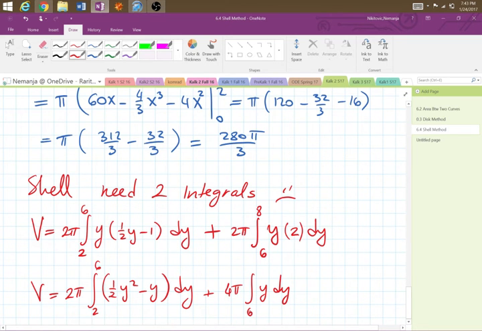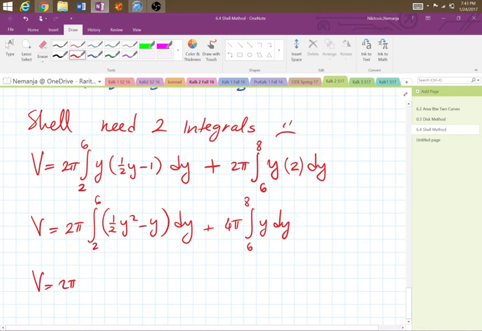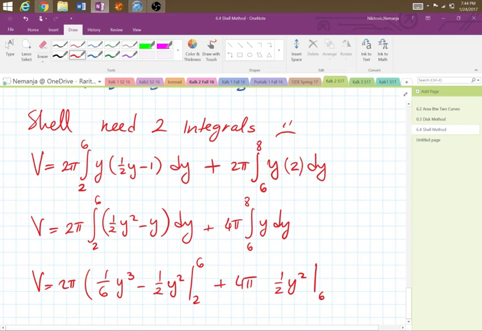So volume is 2 pi, integration inside is 1 over 6 y cubed minus 1/2 y squared from 2 to 6, plus 4 pi, second integral is 1/2 y squared computed from 6 to 8.